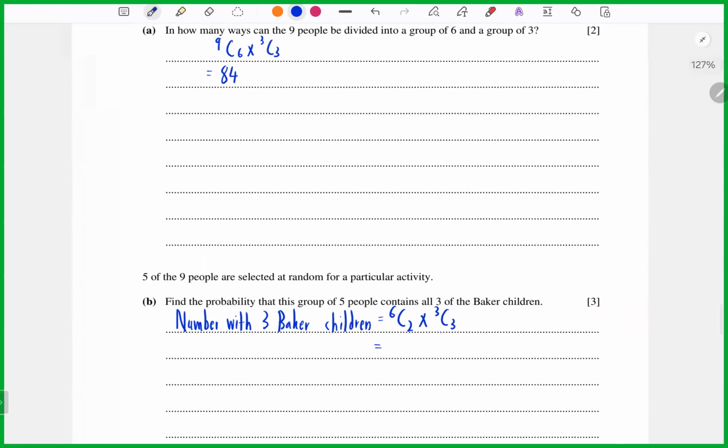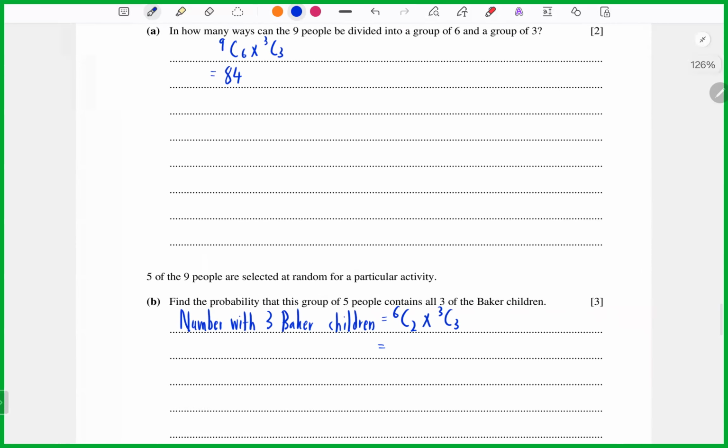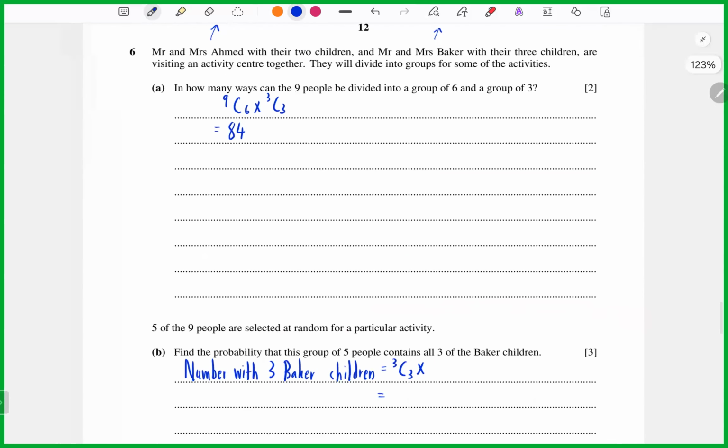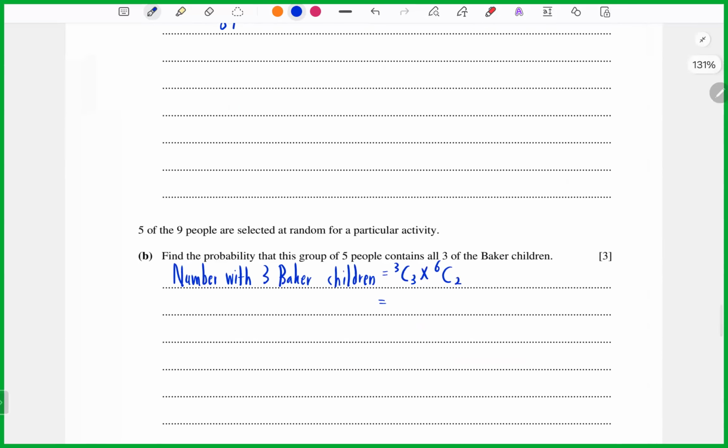Why do I write this formula? First, you need to take the 3 Becker children, right? Multiply by the others, it means the other 6 persons, C2. So you will get 6C2 equals 15.